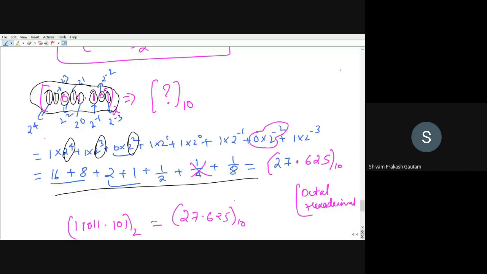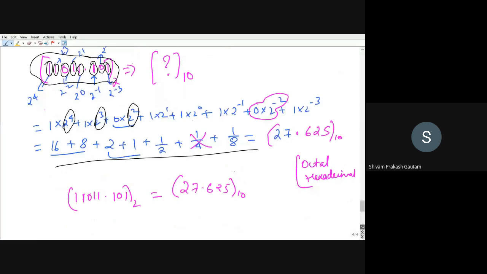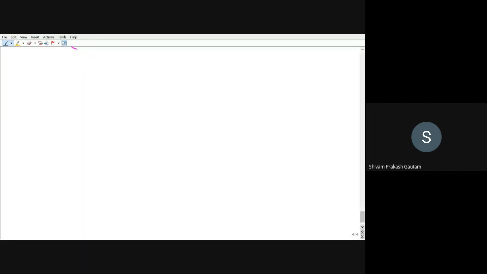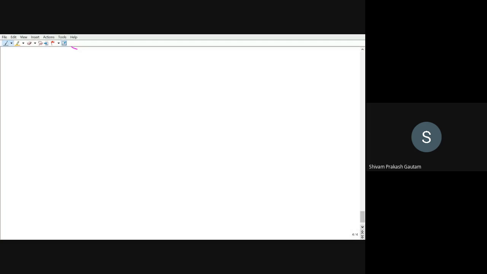Okay. We have seen how to convert binary to decimal. Now we will see decimal to binary conversion.